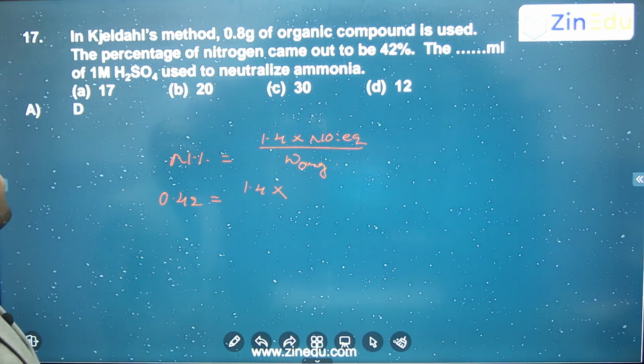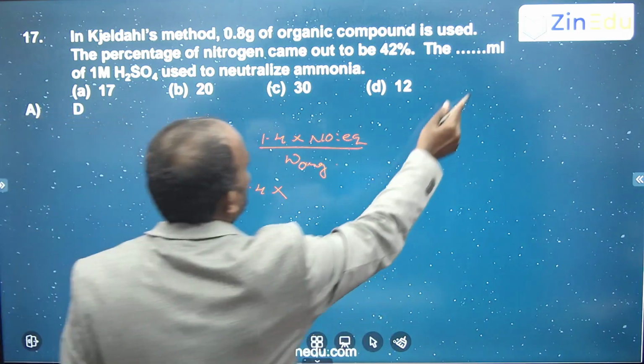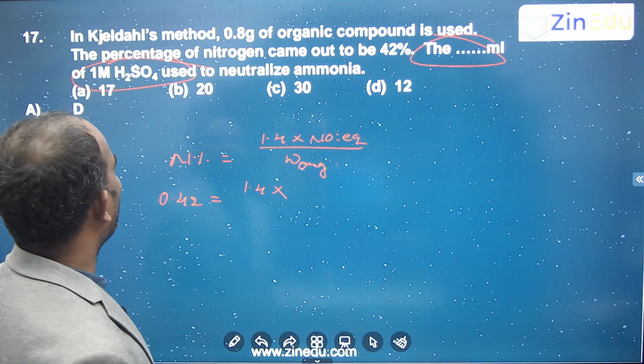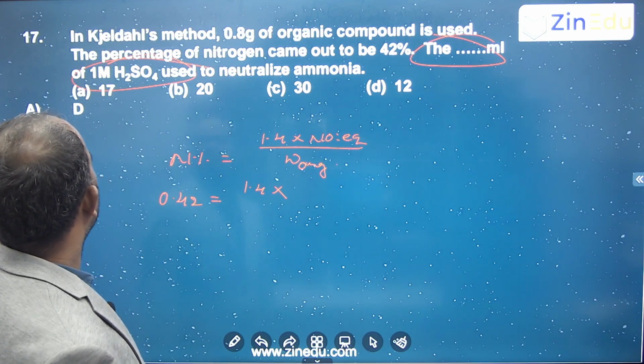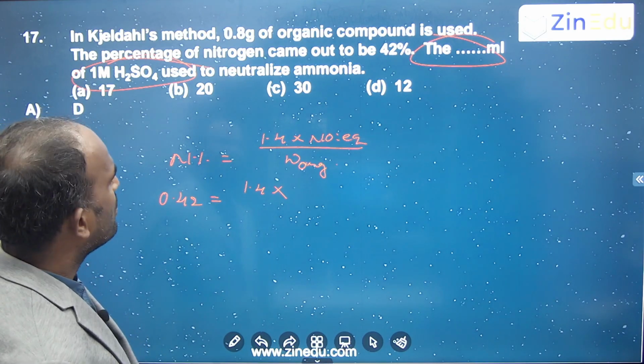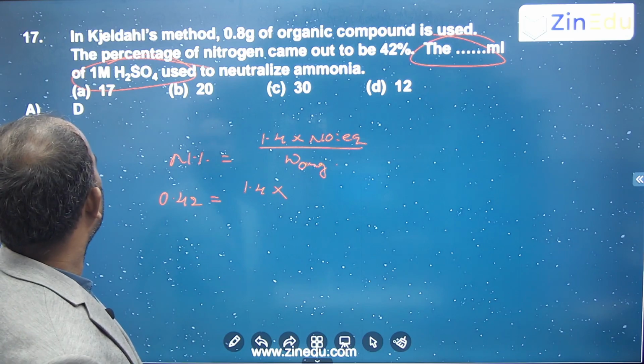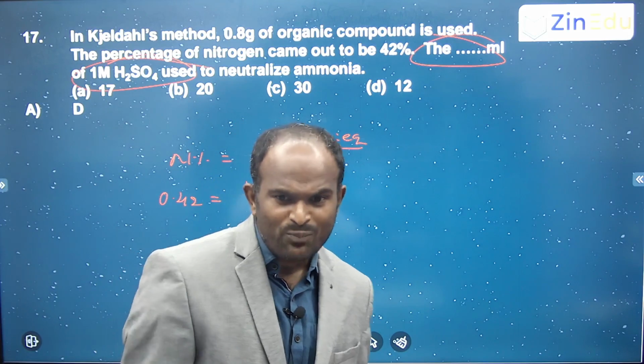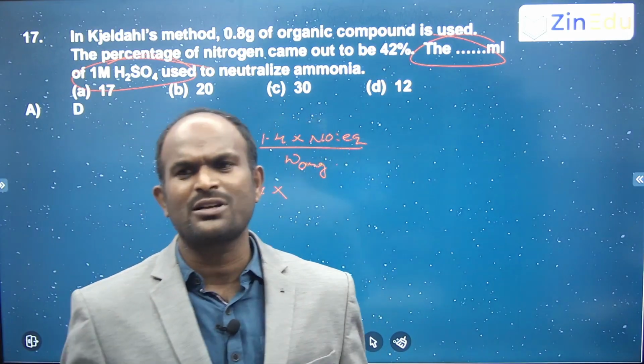Some data is missed here. For the number of equivalents, we also don't know the initial concentration of sodium hydroxide. They did not give the data, so we are unable to solve this question. We already mentioned all these questions are memory based.